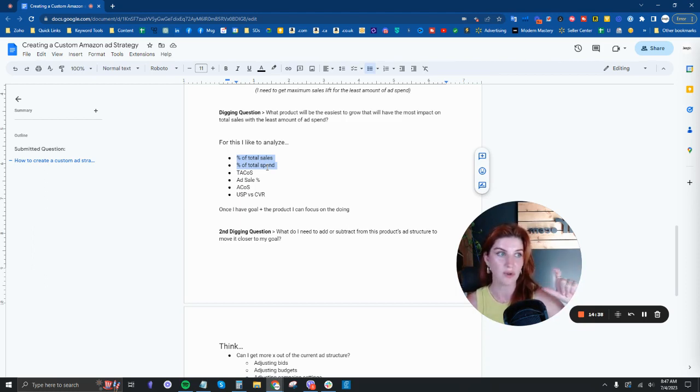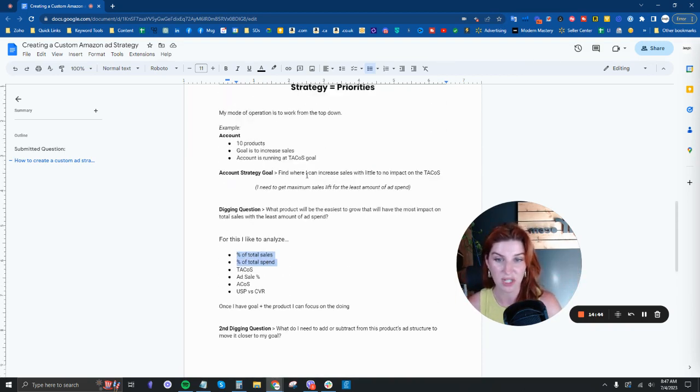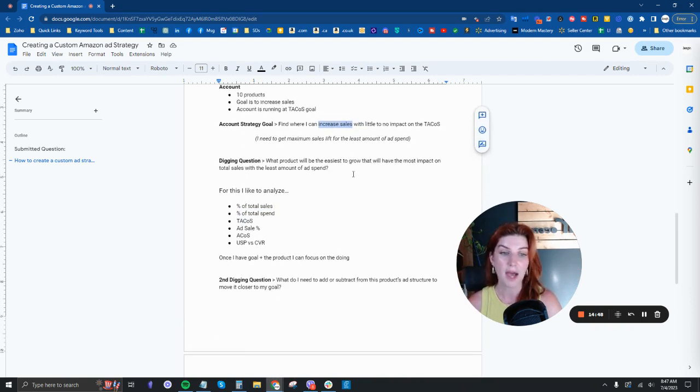are going to have the most impact versus if you go really deep in the catalog. So if my question is, where can I find the greatest sales increases? I'm not necessarily going to go all the way down to my brand new products that are barely gaining traction and are only currently making up sub 1% of my total sales volume.